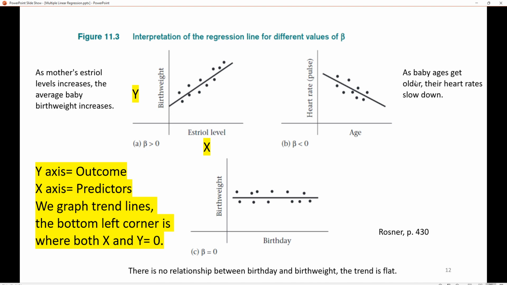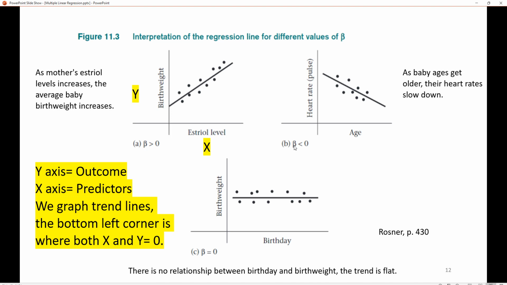So here we see that as baby ages get older, so as we go to the right on our x-axis, which represents age, their heart rates slow down. So on the y-axis, we see their heart rates, and we see those values begin to go down as the baby gets older. And so how we're going to describe that upward or downward trend is called a coefficient.